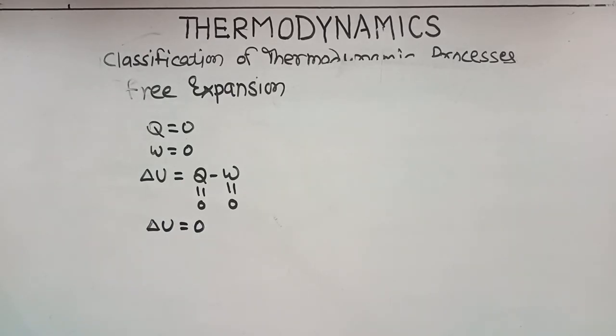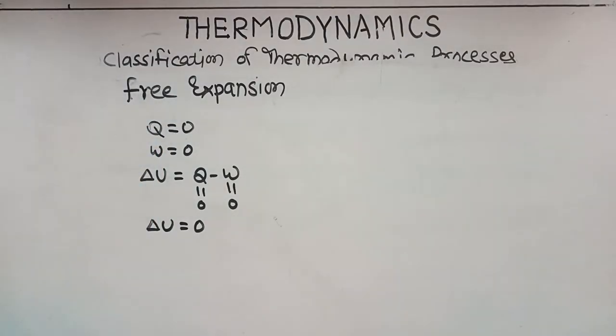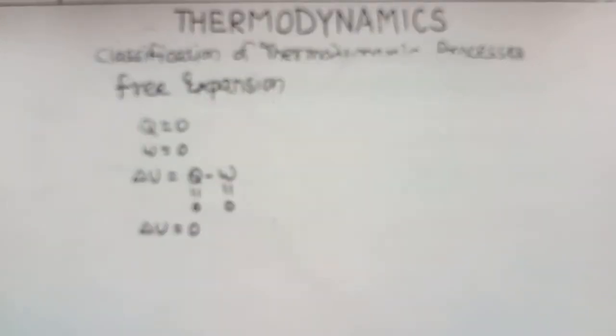In free expansion, the system changes from one state to another state, but there is no change in internal energy, no change in heat, and no change in work done. Such types of processes are known as free expansion. In this way, we have seen the classification of these thermodynamic processes.